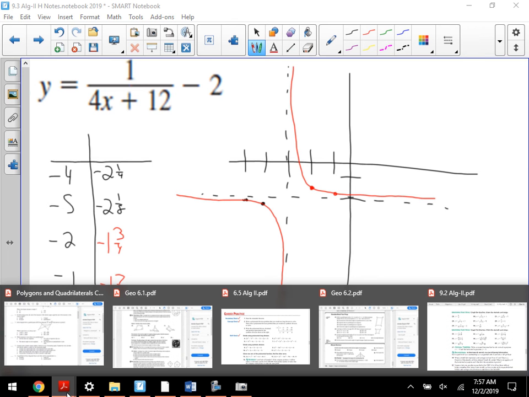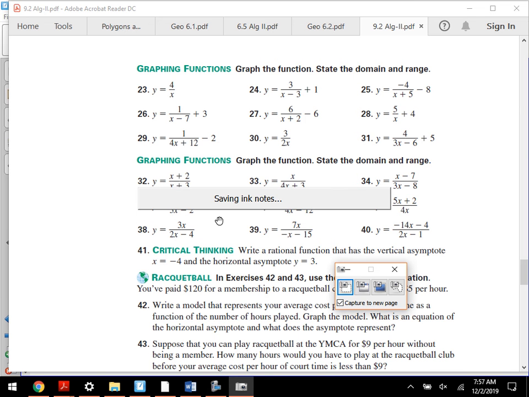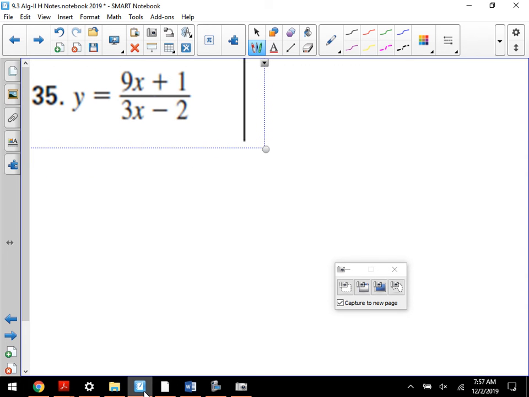And we'll try the other style real quick. Same idea. First thing you're always going to plot is going to be your vertical asymptote.